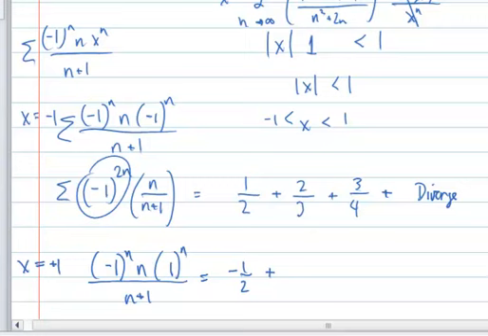Let me just see what the n value would be. n starts at 1, so it's going to be -1/2, and then +2/3, and then -3/4, and then positive 4/5, and so on.